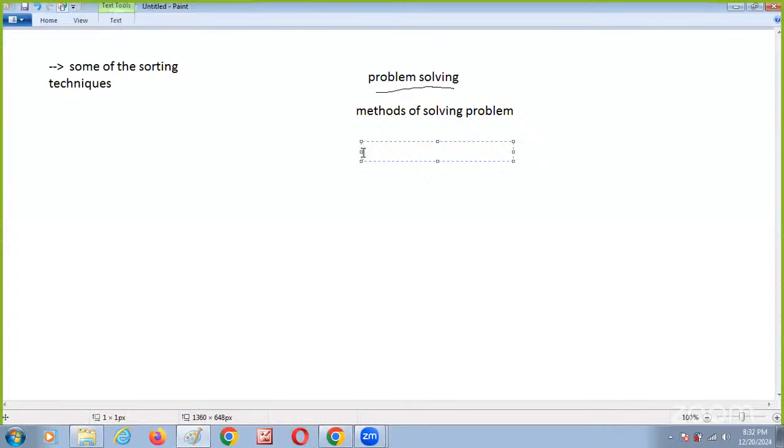We have the divide and conquer method, and we have a greedy approach. Also we have a dynamic programming approach.